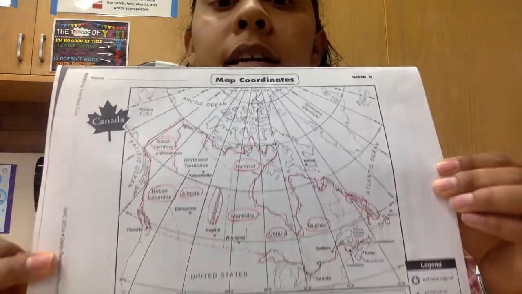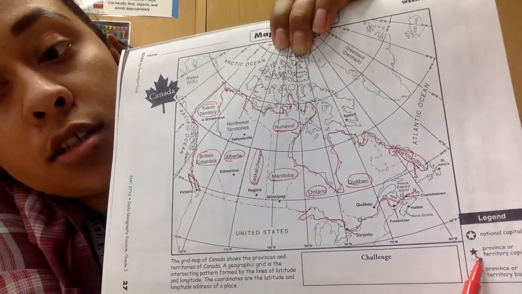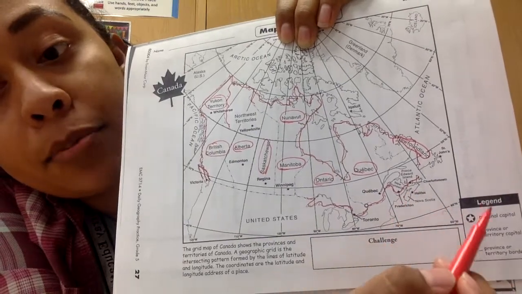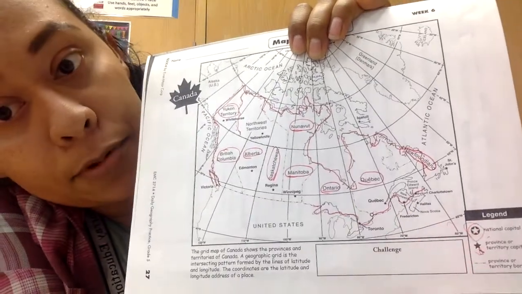Okay, so here are the territories, and then it also has the capitals of Canada. So the capital of each province or territory capital are the, oh, sorry, you can't see that, are the dark stars, the shaded in stars. So the national capital of the whole country is this symbol.